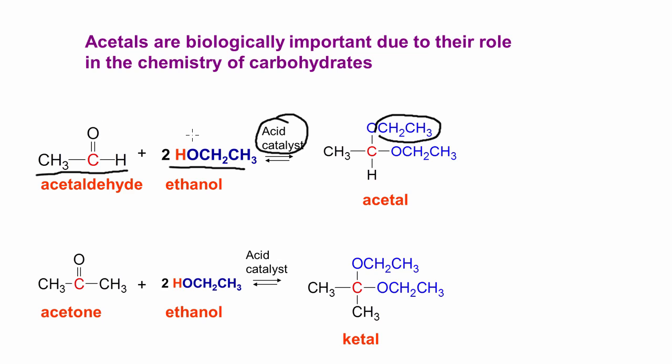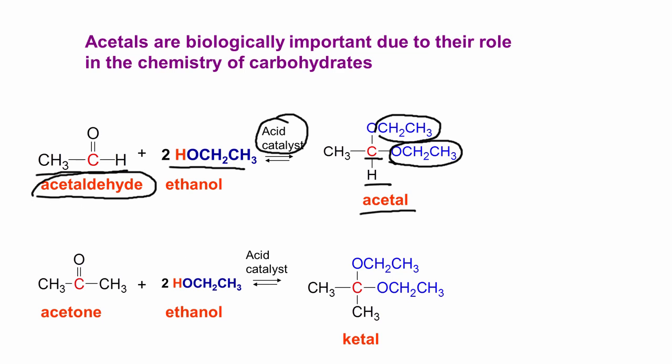Again, the carbon-oxygen double bond will partially break, and then we have an alkoxide group also add here to this carbon. That's the acetal. And for the acetal, notice that we have a hydrogen bonded to the same carbon that contains the 2 ether-like groups. So we know that this has been produced from an aldehyde.